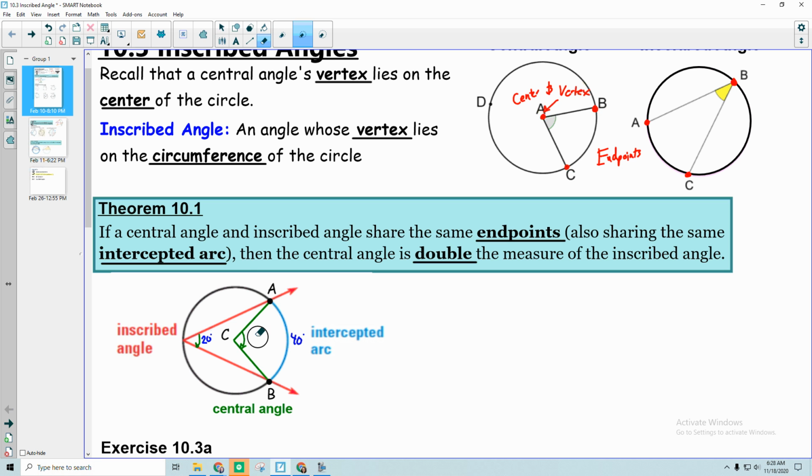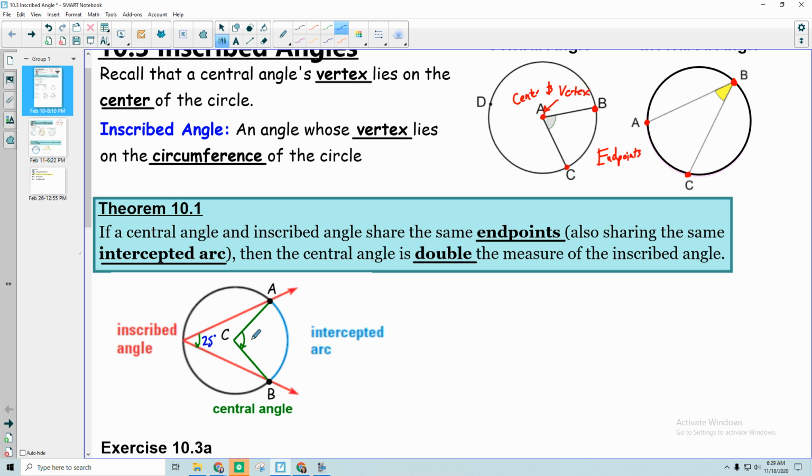Let's try a couple more examples. Again, if this was 100, just like this would be 100, then this would be 50. We could also go the other way around. If our inscribed angle is 25 degrees, how much is our central angle?